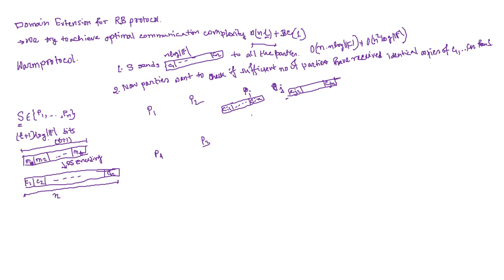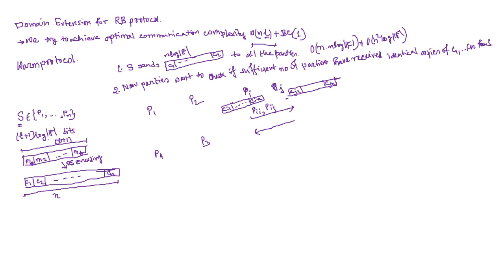Now Pi sends to Pj 2 particular components. What are they? One is Cii and another is Cij. Meaning the ith position field element of its own local copy and the jth position field element in its local copy. These two values are sent to Pj. Similarly, Pj also sends to Pi.